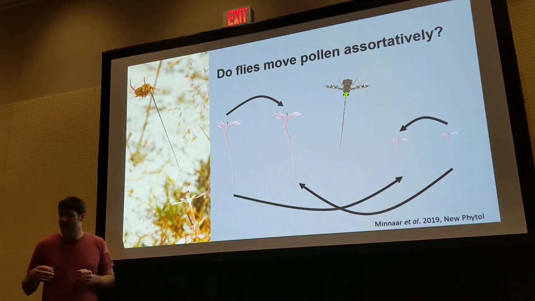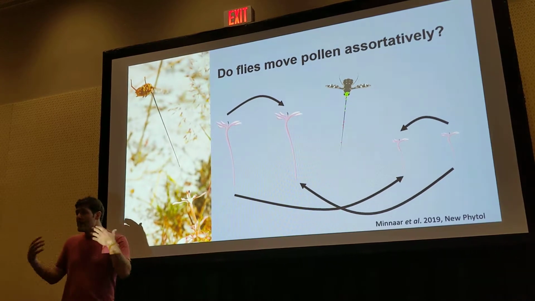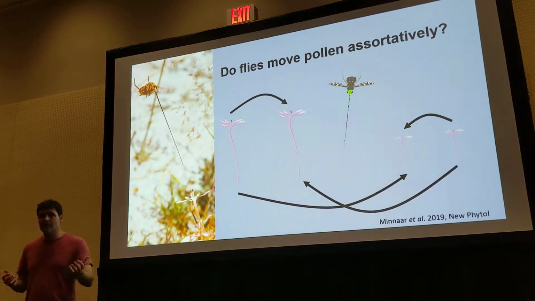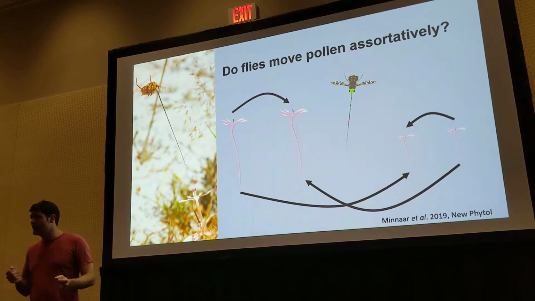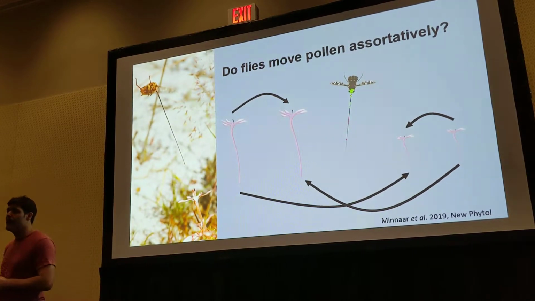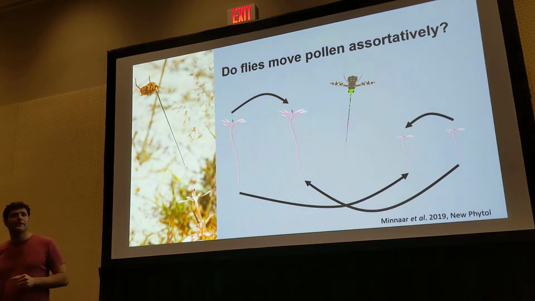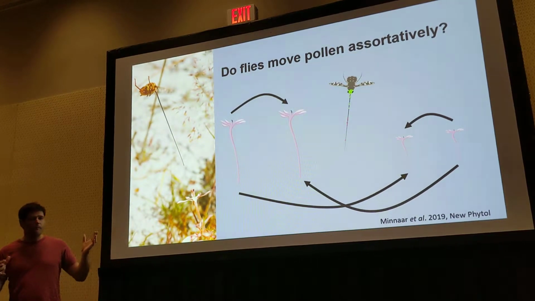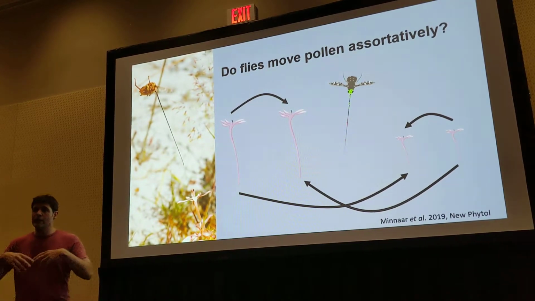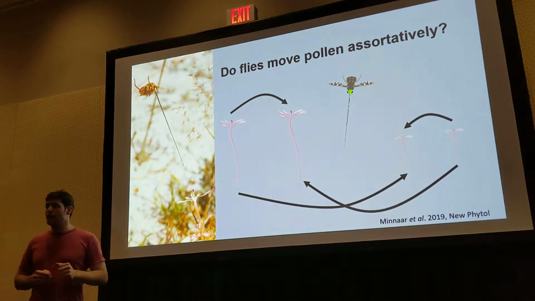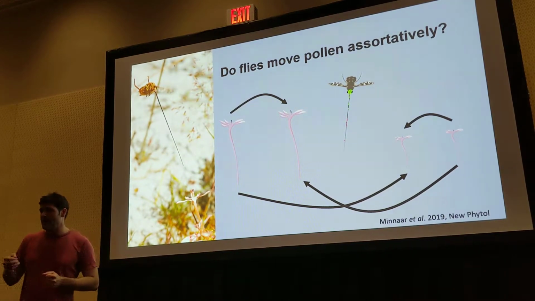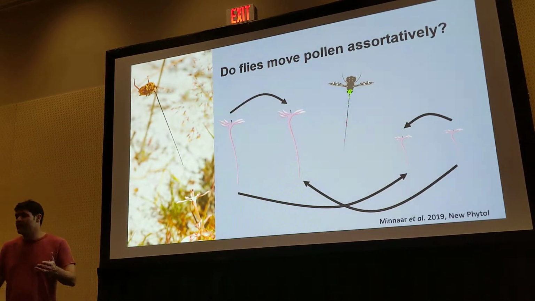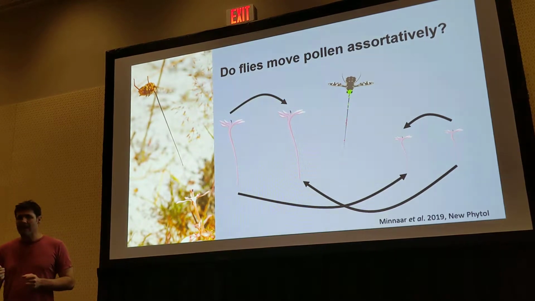So what we did is we designed a completely new experiment. We stained short and long tube flowers with quantum dots of different colors. We allowed these flowers to be visited by these pollinators. We then allowed those pollinators to take that pollen and transport it to a receptive flower, and that flower would either be a long or short, it didn't really matter.